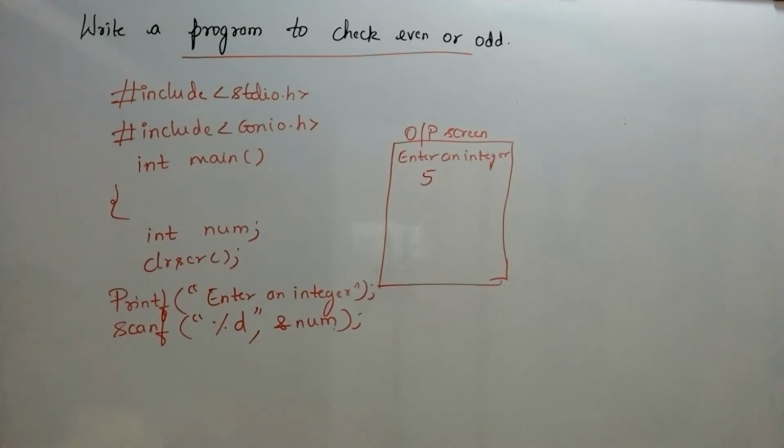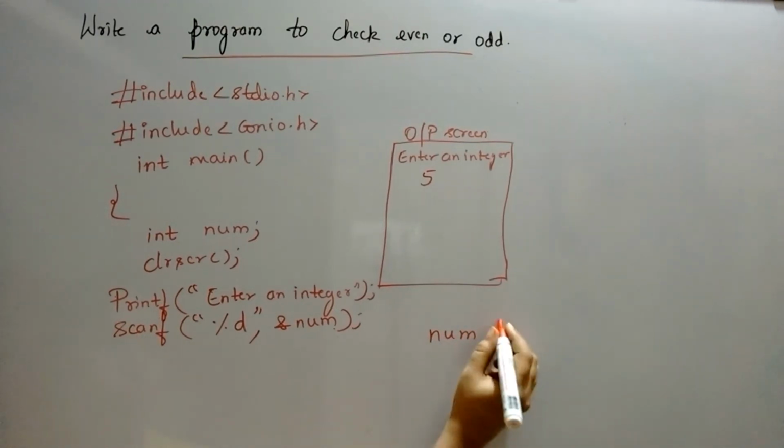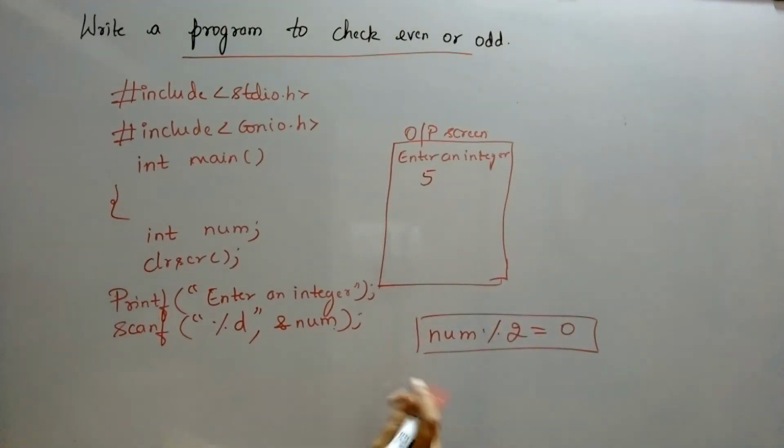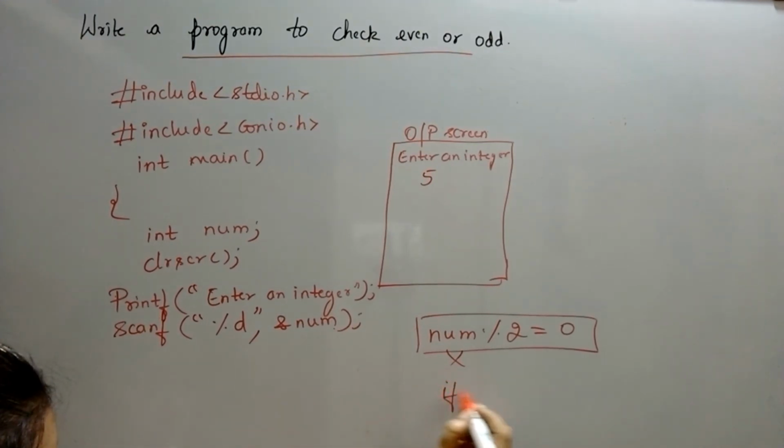Okay, now what is the condition we have to check? That is num mod 2 equal to 0. If this condition is true, then the entered number is even. If this condition is false, then the entered number is odd, right? I am going to use an if else statement.